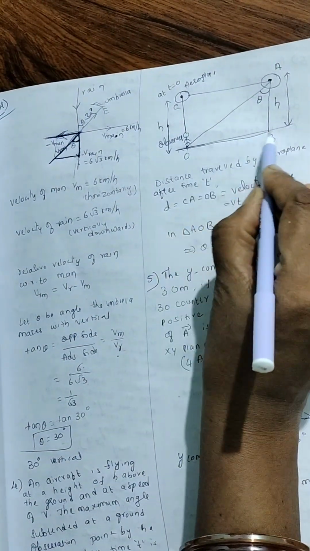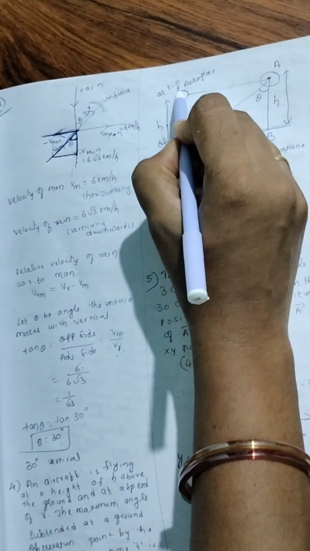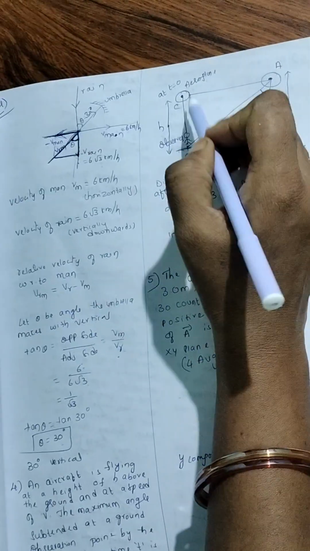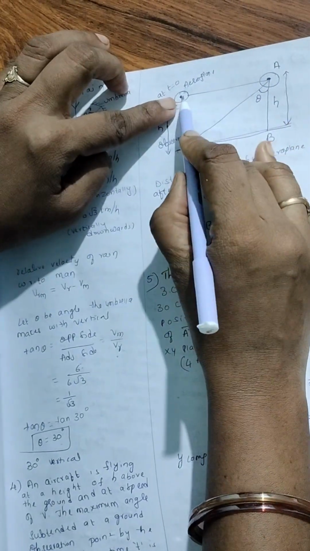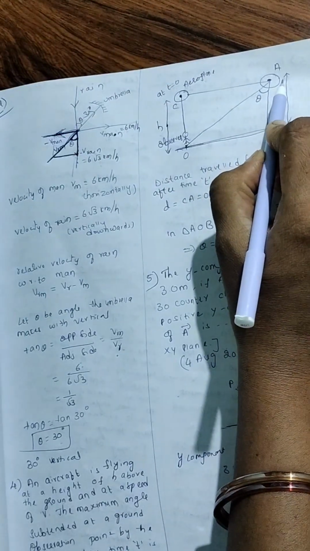This is the ground, and he is the observer. At time t equal to 0, assume the aeroplane is at height h at position C. As time passes, the aeroplane has moved from C to A.